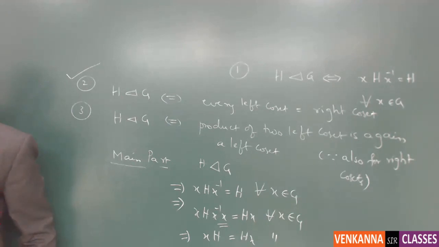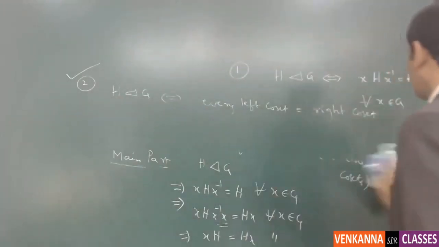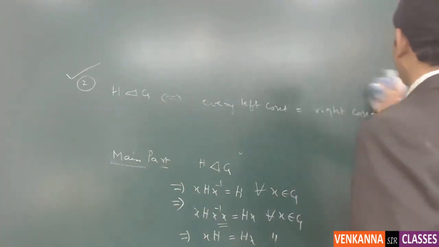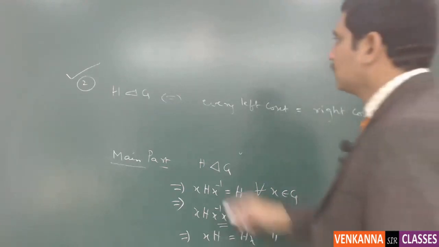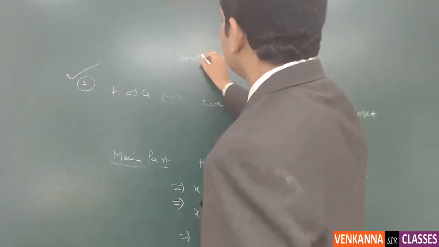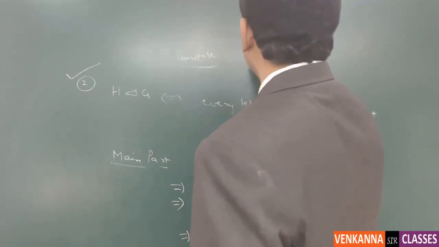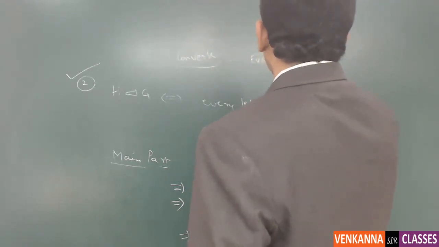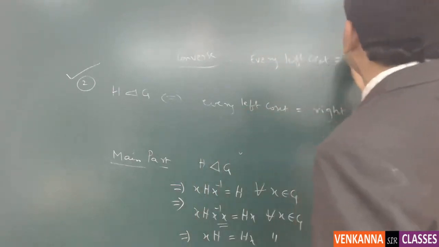Now let us go with the converse part. Please take a note of that. On the other hand, assume that every left coset is equal to the right coset.